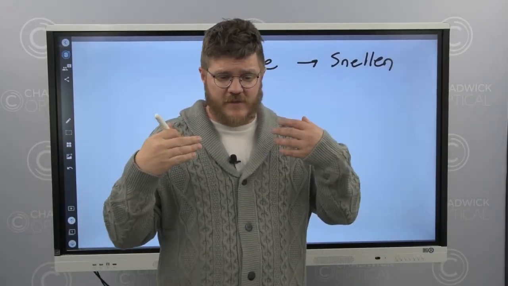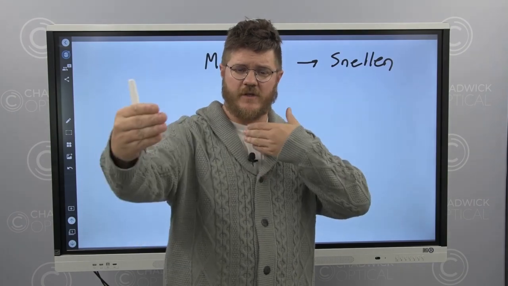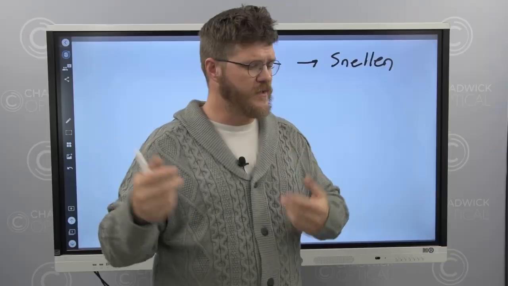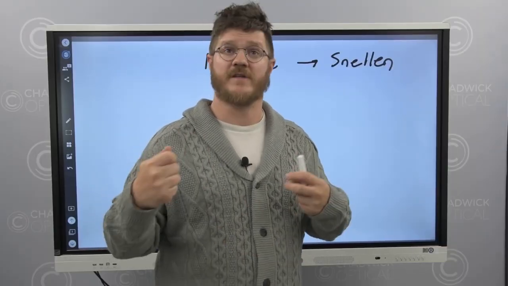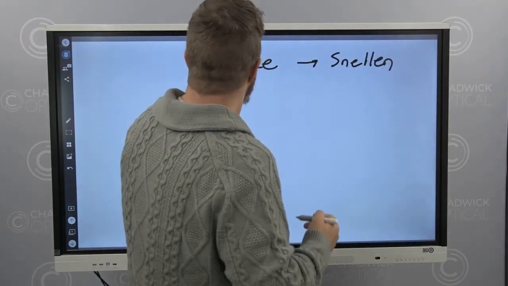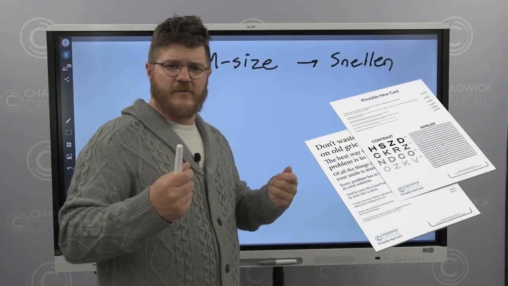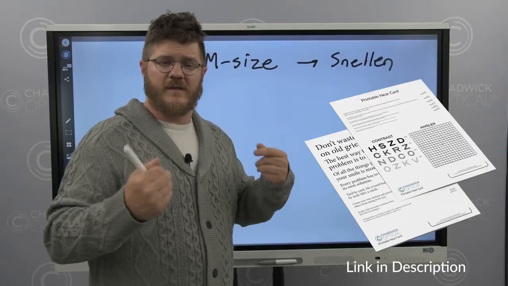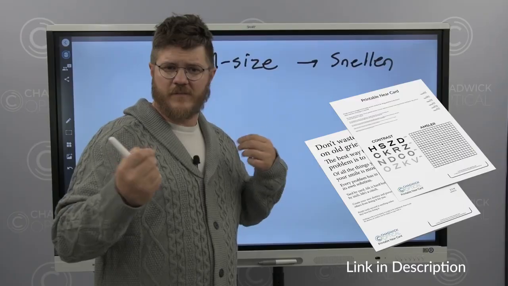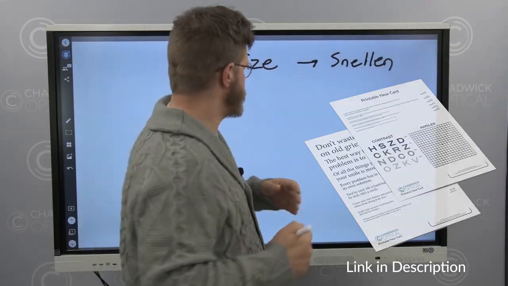The thing that's built into Snellen that we don't necessarily think about is the assumption that you're looking 20 feet away. When we say 20/20, that 20 means you're 20 feet away. With a handheld magnifier, you're never using it to look at something 20 feet away. So we use M size instead of Snellen, and on our site you can download a printable M size chart. When you print it, you can check the scale with a credit card to validate that you printed it the right size.